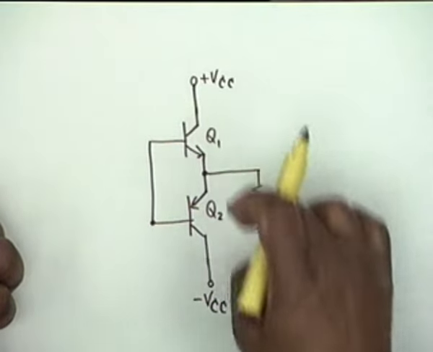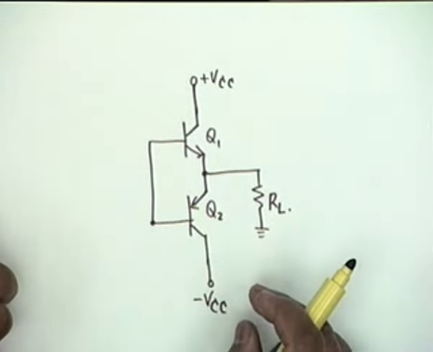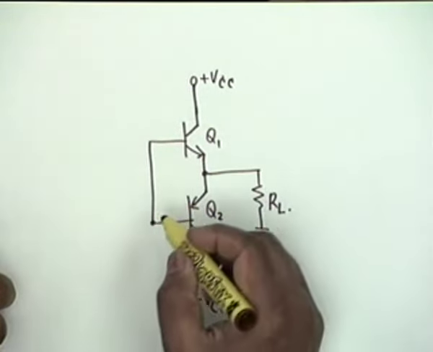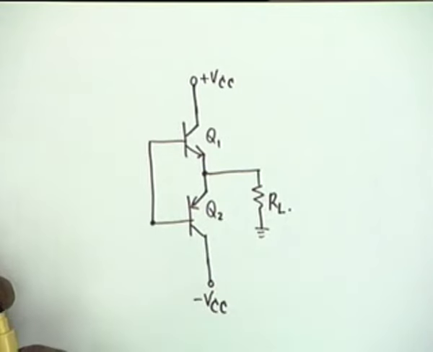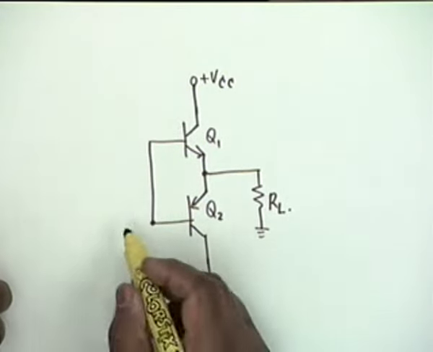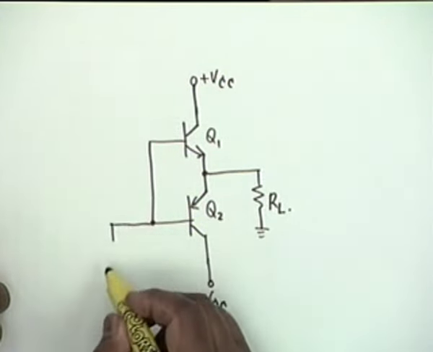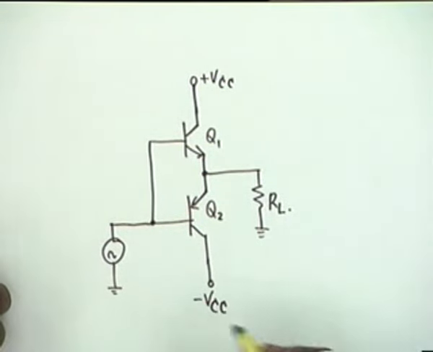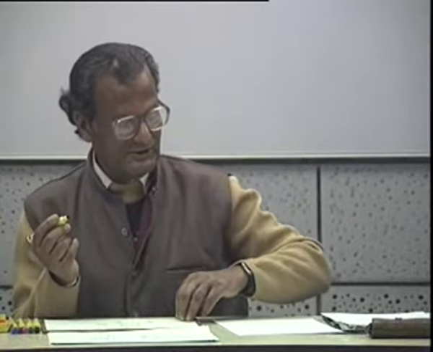The two supplies have to be identical in order that distortionless operation is possible. The input we cannot apply through a capacitor for an integrated circuit, and therefore the input is applied directly here. We assume that the input is sinusoidal, then we shall see what kind of distortion arises.